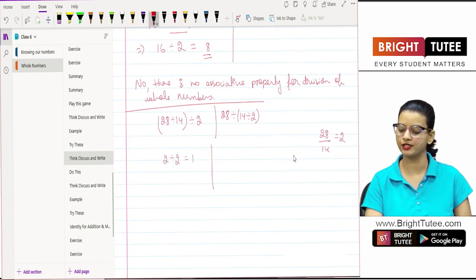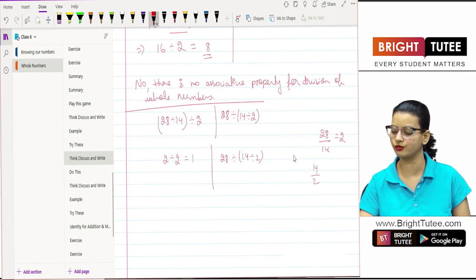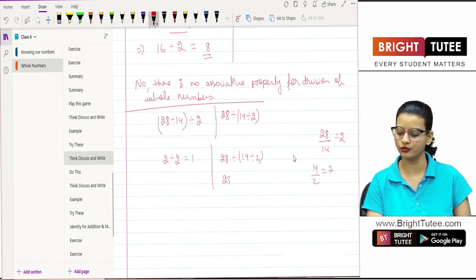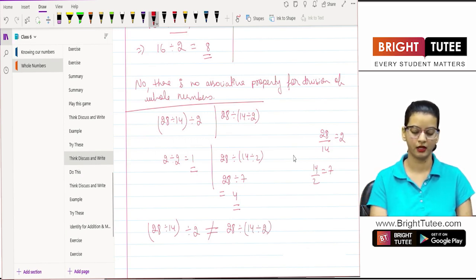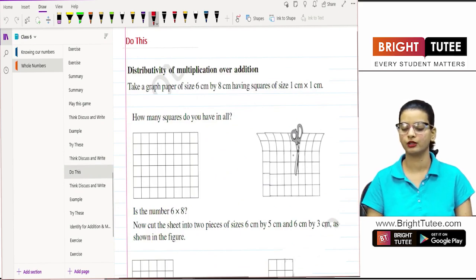And then we have 28 ÷ (14 ÷ 2). Now 14 ÷ 2 is 7, so we have 28 ÷ 7, and this is 4. So here we got the answer as 1 and here we are getting the answer as 4. This means that (28 ÷ 14) ÷ 2 is not equal to 28 ÷ (14 ÷ 2). Okay. Right. Now moving forward, now we have to do this.